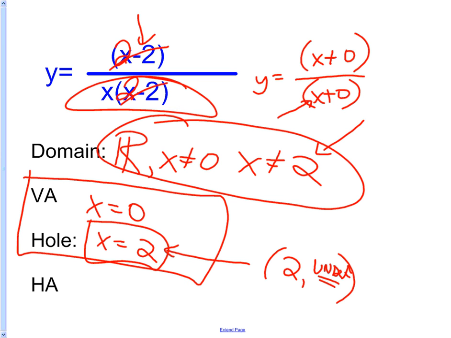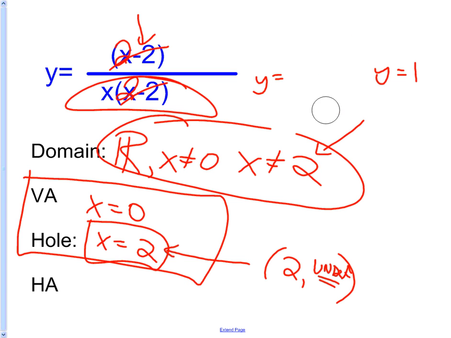So there should be a pixel missing off your graph, because it shouldn't be possible at that spot. Even though it's a hole, it should be like y equals 1, but the one spot that it won't work is at x equals 0. And it's not just that it comes out to 0, it comes out undefined. All right, let me just finish this and then I'll answer the other question that I think I have.